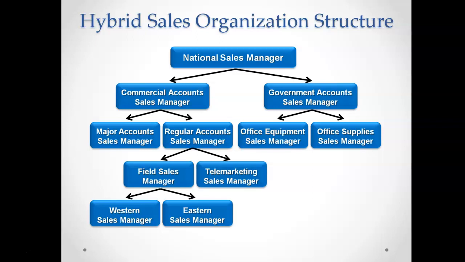That's the market. Then we're going to divide, on the commercial side, into major account versus regular account. That would be type of account, but then we're going to further divide into function, so field versus telemarketing. And then with field, we're going to further divide into geography. And on the government side, we're just dividing into products.